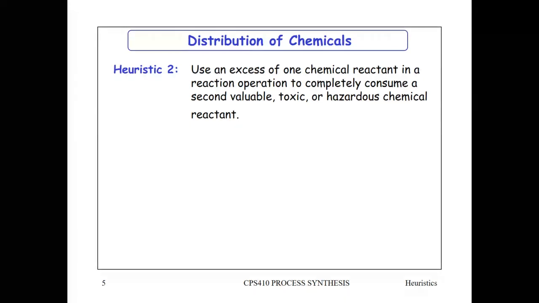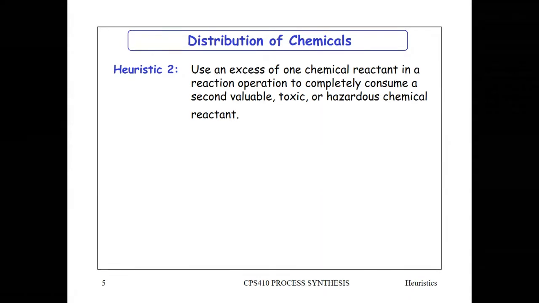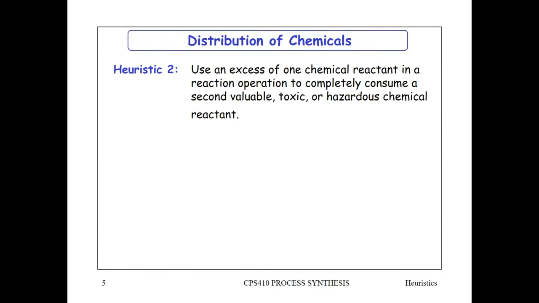For heuristic 1, I understand that if you have a very toxic or hazardous chemical, you separate it as soon as possible. When you were discussing alternatives to the two-step ethylene process, does that fall underneath heuristic 1, or is that just extra information? It is falling under heuristic 1.